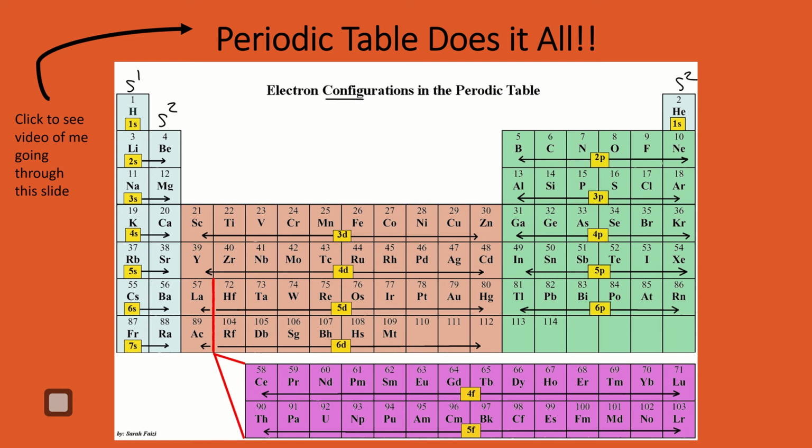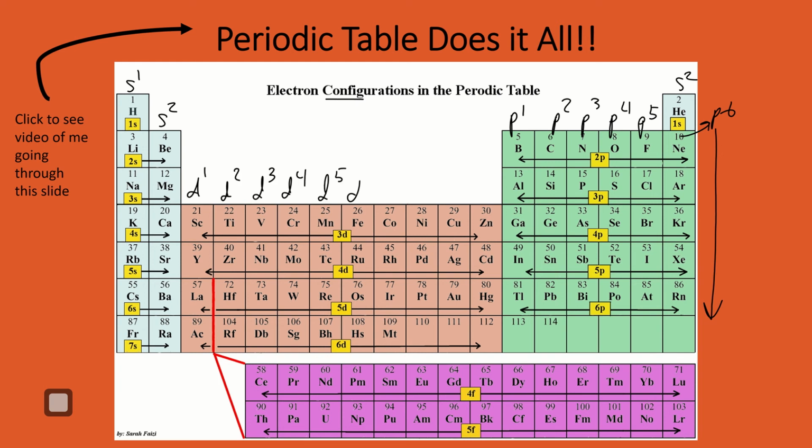Helium is also S2. If I go down to the P block now, this will be P1, P2, P3, P4, P5, and then neon is P6. So P6 is from neon on down. The D block is D1, D2, D3, D4, D5, D6, D7, D8, D9, and D10.